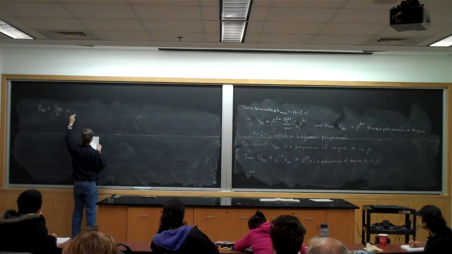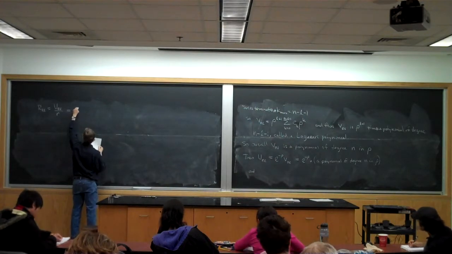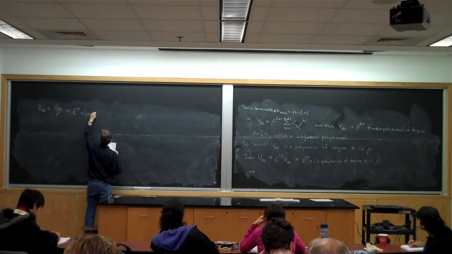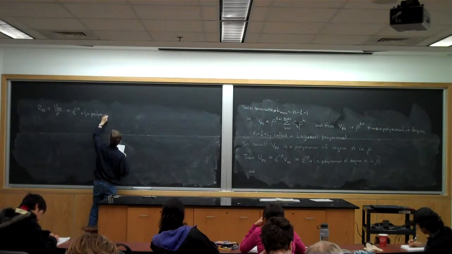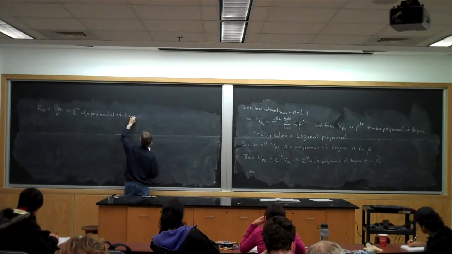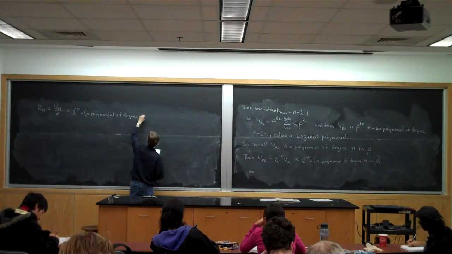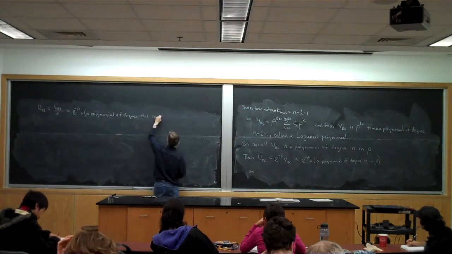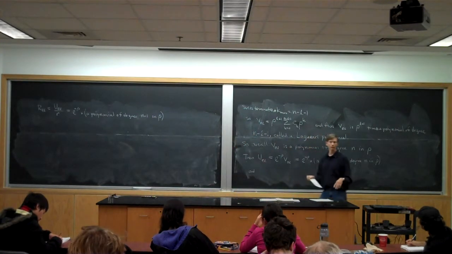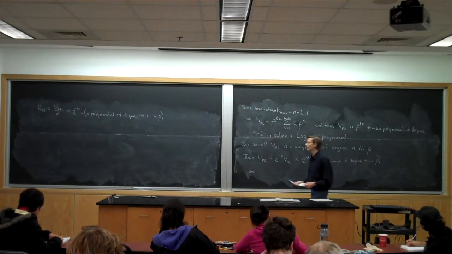So that says that R_EL is e to the minus rho times a polynomial of degree n minus 1 in rho, because rho and r are proportional to one another. Rho and r are just a constant times one another.